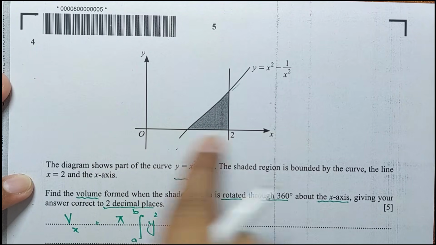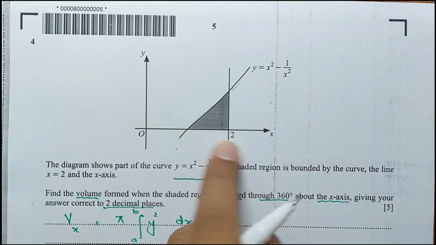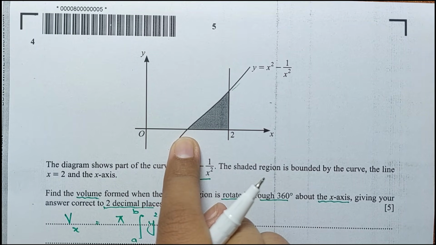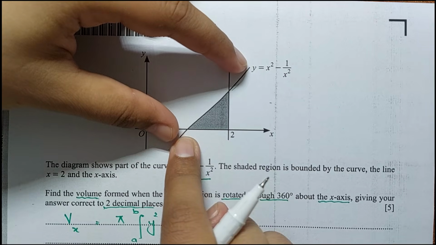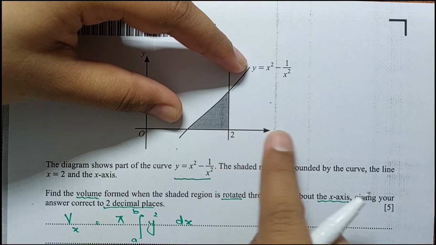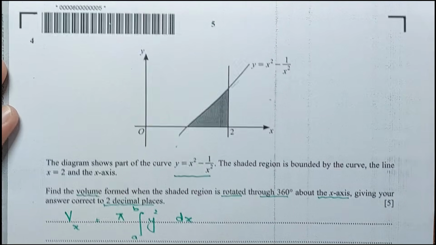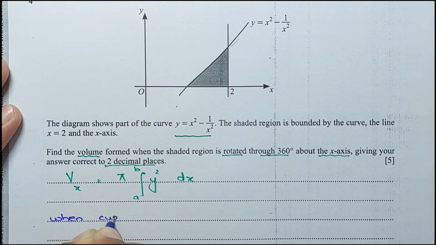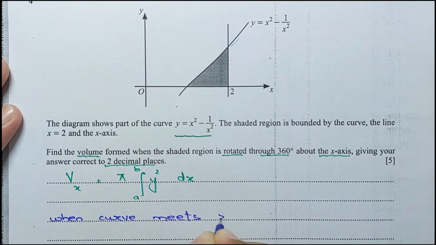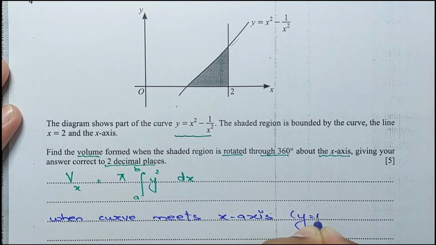It is about the x-axis, right? So we know the x value is 2 over here, and what is the x value over here? What is this point? When the curve meets the x-axis, y is equal to 0.